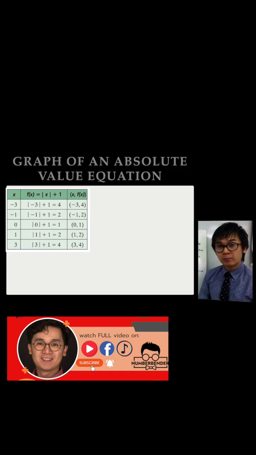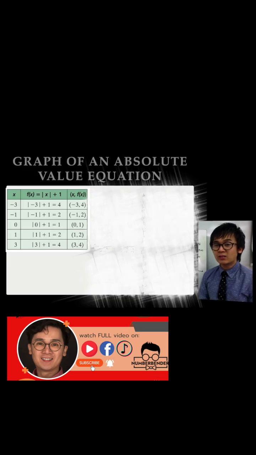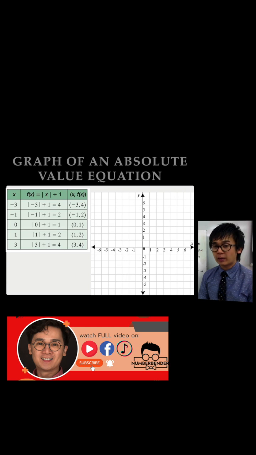Now, you need to remember that the graph of an absolute value is a V-shaped graph. So when we plot these points, let's start plotting with negative 3 and 4 on our xy plane. Negative 3 and positive 4 is on the second quadrant. Negative 1 and 2 is also on the second quadrant. 0 and 1 is on the first quadrant, but it lies along the y-axis.